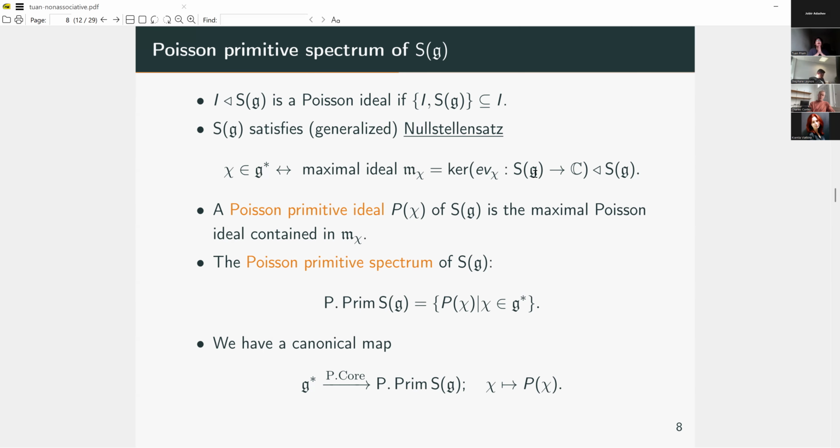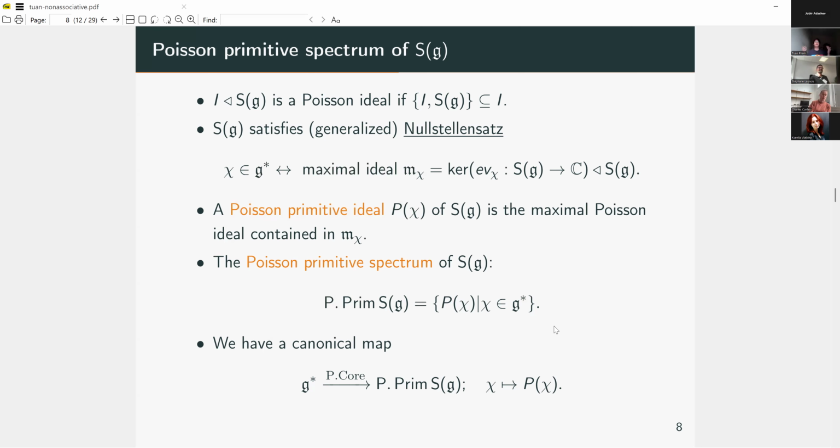Note that a maximal ideal M_chi here need not be a Poisson ideal. So what we want is to take the maximal Poisson ideal contained in M_chi, and that's what we call a Poisson primitive ideal. Now we can form the Poisson primitive spectrum of S(G), which is the collection of all Poisson primitive ideals P_chi, where chi is in the dual space G star.